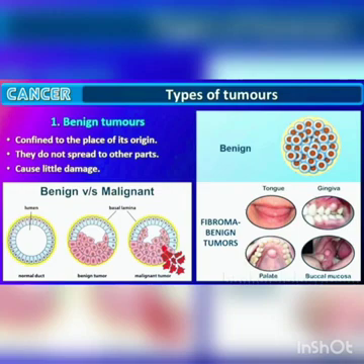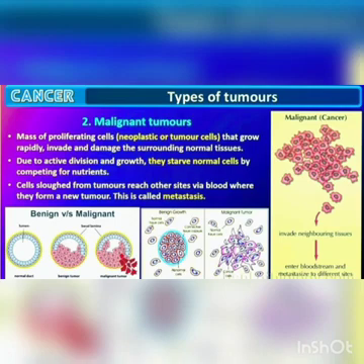If you talk about the malignant tumor, it is a mass of proliferating cells, neoplastic or tumor cells, that grow rapidly, invade and damage the surrounding normal tissue. Due to active division and growth, they starve normal cells by competing for nutrition.